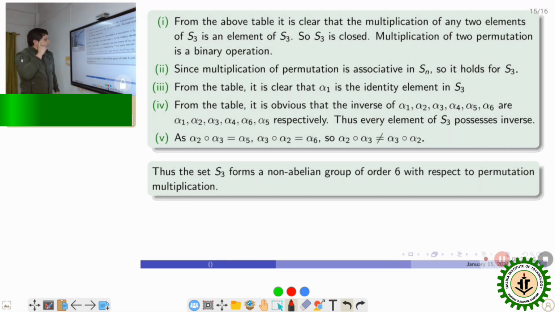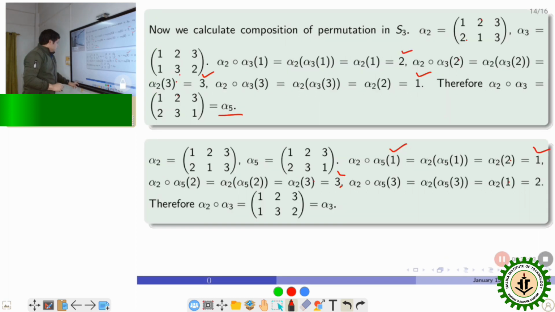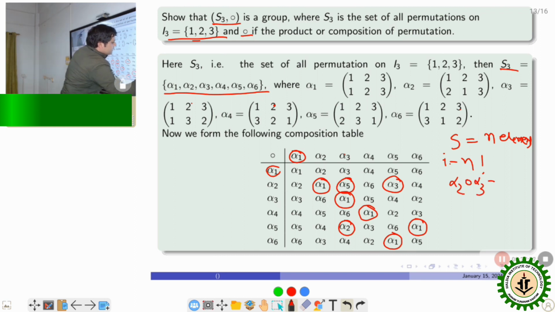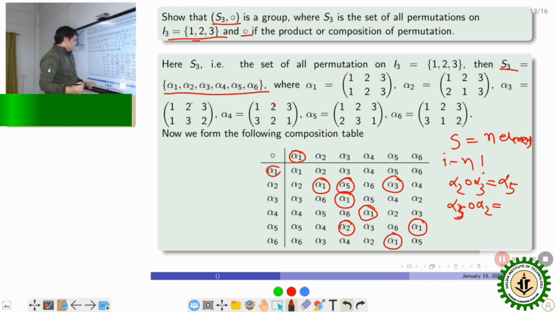We write this down. Now, we also check the non-abelian or non-commutative condition. For the commutative condition, if we compose any two elements, alpha 2 composition alpha 3 equals alpha 5 here, and if we take alpha 3 composition alpha 2, that equals alpha 6.